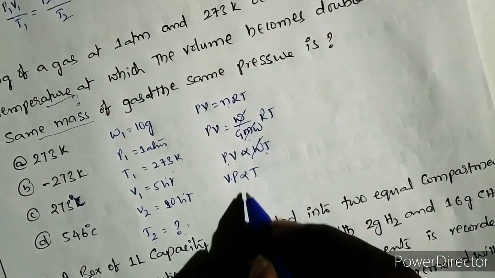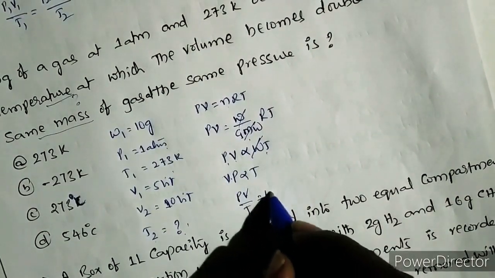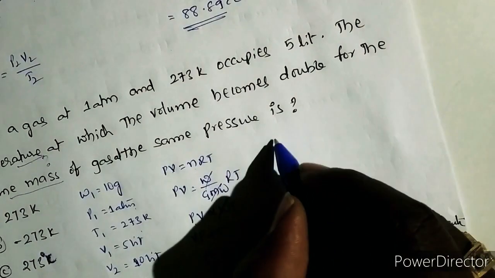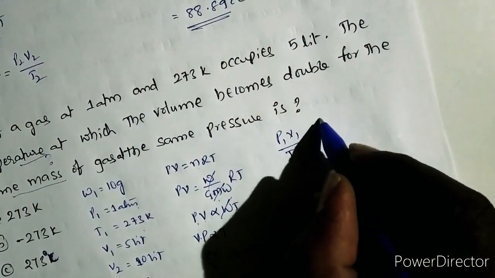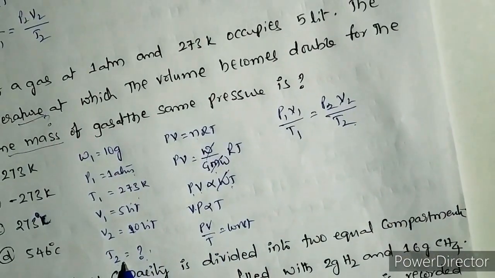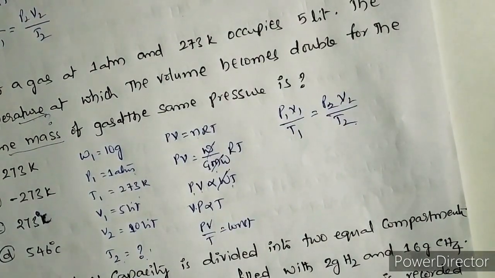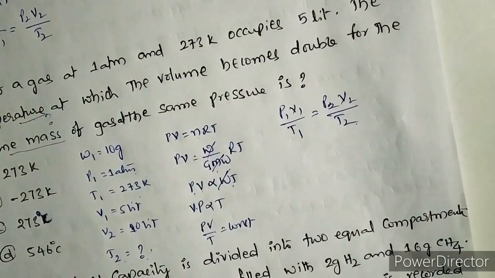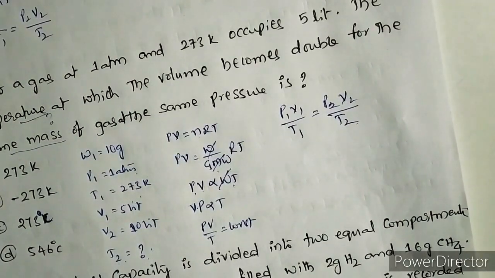Now if you change this, PV by T is equal to some constant. So you have to write P1 V1 by T1 is equal to P2 V2 by T2. You have to find the final temperature, right? So substitute the values like P1, V1, T1, all the values you can substitute.